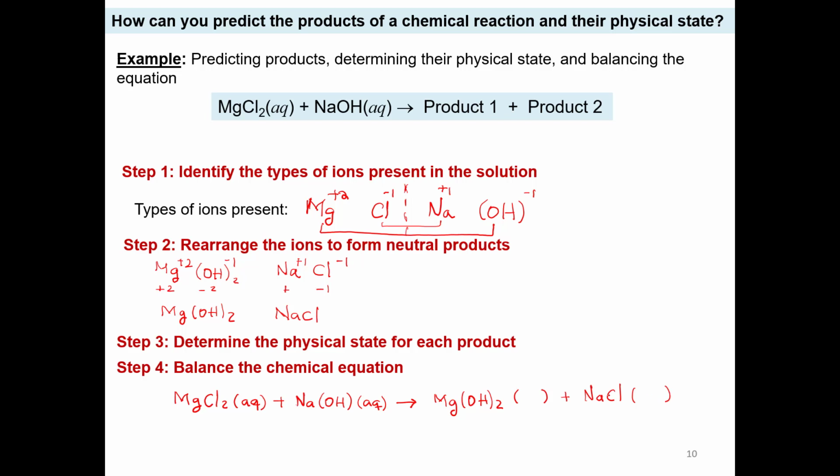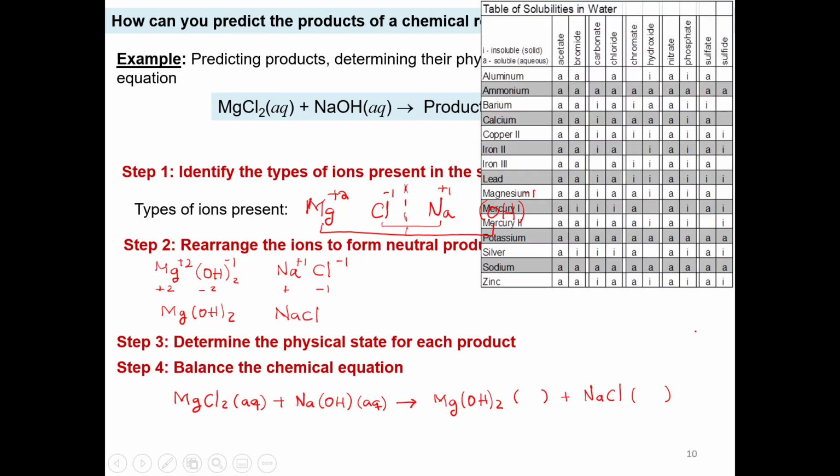To determine the physical state, we will use this table, which is in your equation sheet. Then we will find where is magnesium and the hydroxide group. And we have magnesium here, and then you move to find the hydroxide.